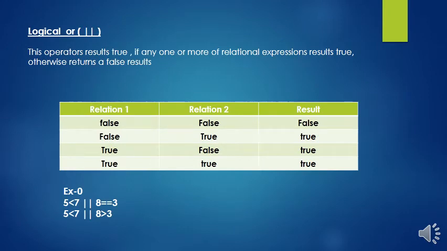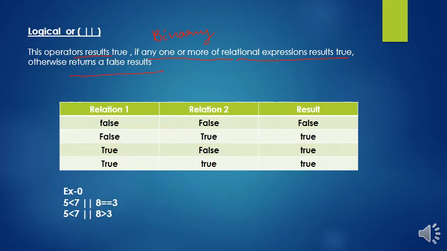The second operator is logical OR. So logical OR is also a binary logical operator, so it takes two operands. This operator results true if any one or more relational expressions result true. Otherwise it will result false.